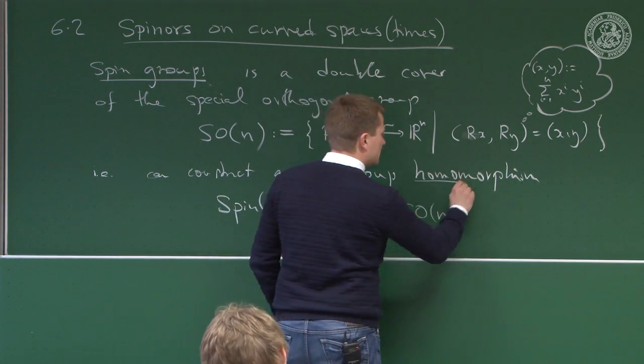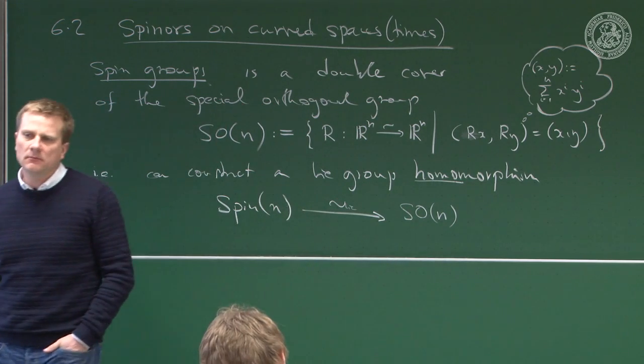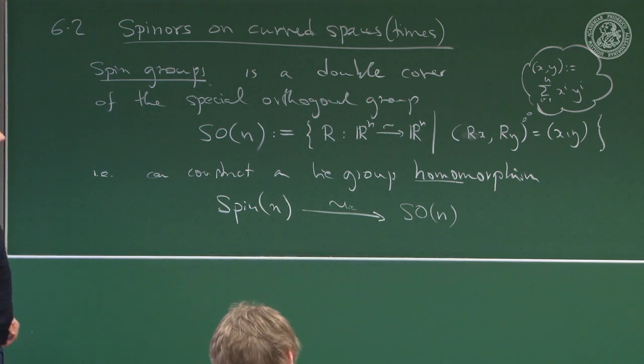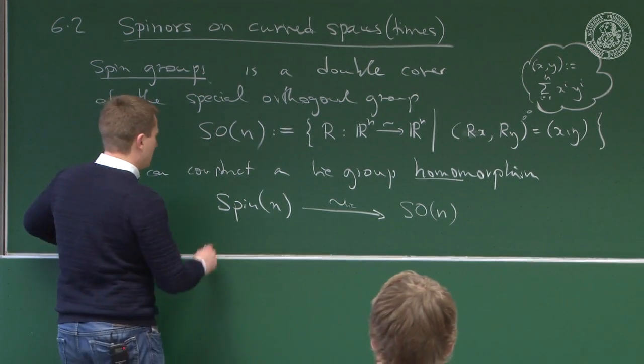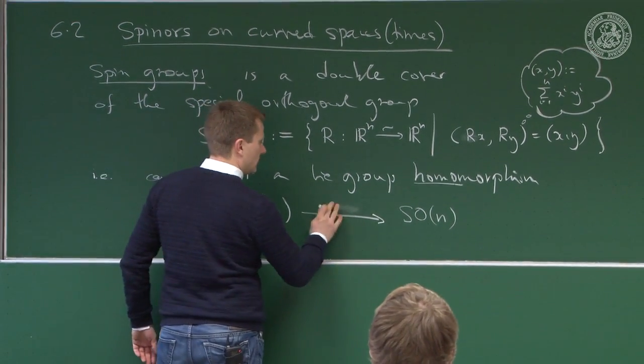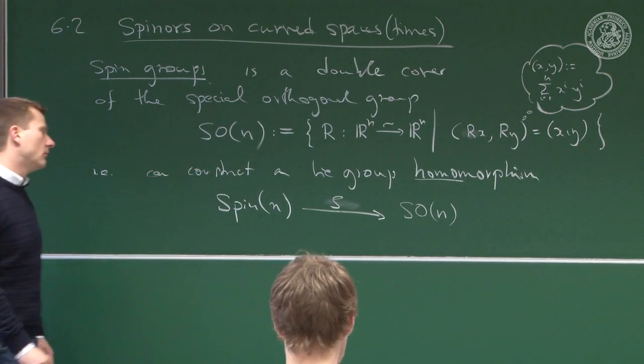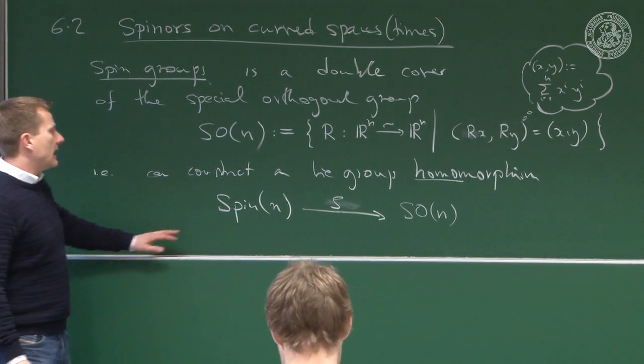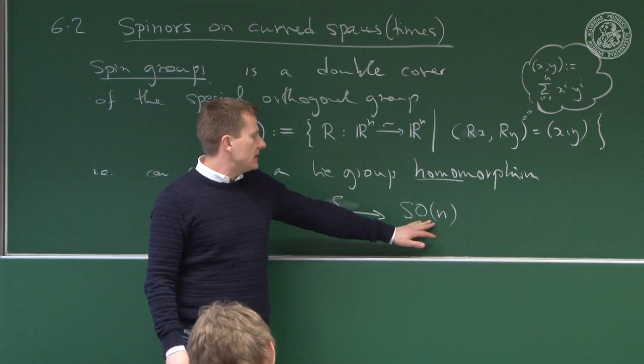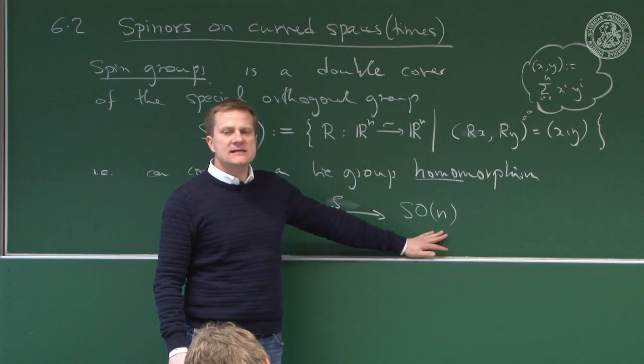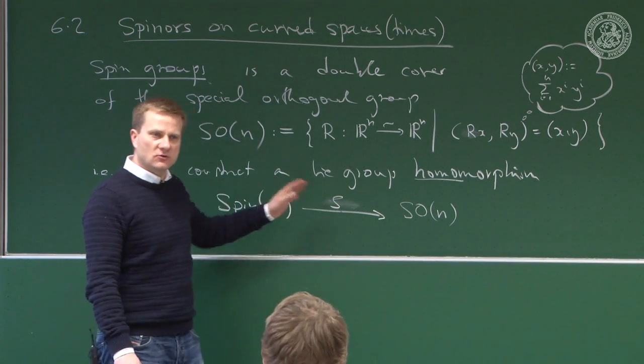And note, I just ask for a homomorphism. That means it's a structure preserving map. Well, let's give it a name. Let's call that map rho. I don't ask for it to be a Lie group isomorphism, so it's not one-to-one.